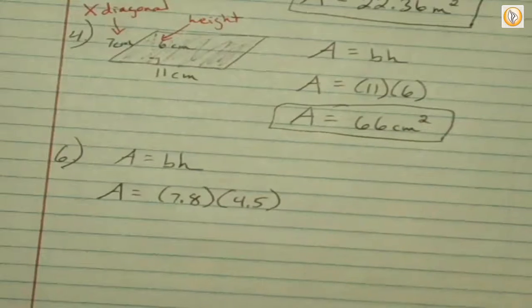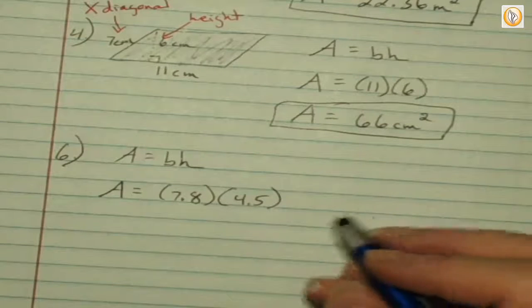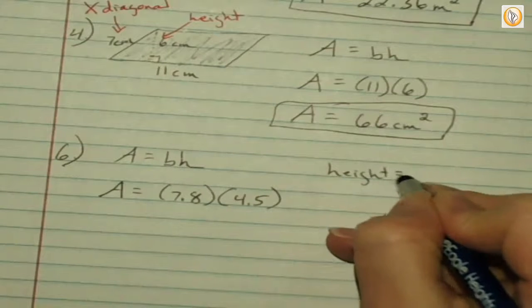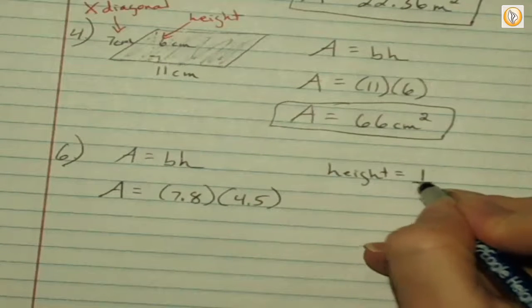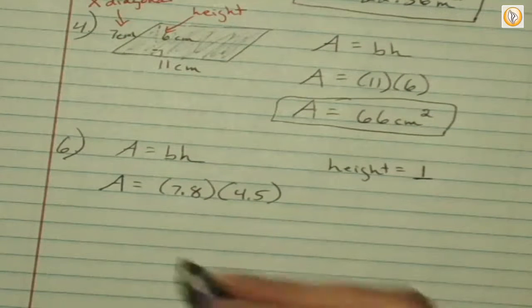You can't do diagonals. That's correct. And the 5 is your diagonal. Also, notice the height is going to be your perpendicular lines. Okay? All right, so Michaela, go ahead and solve.